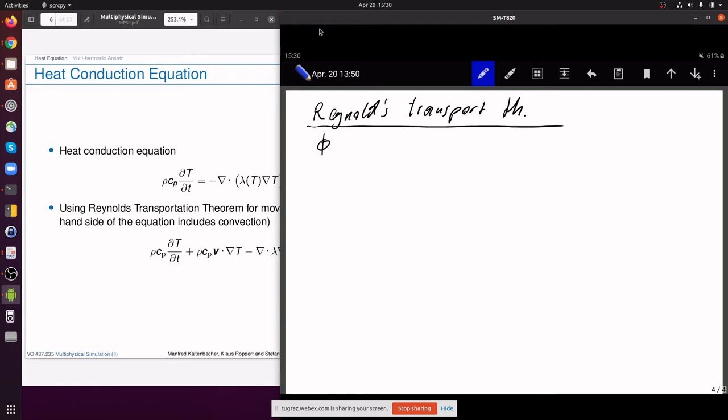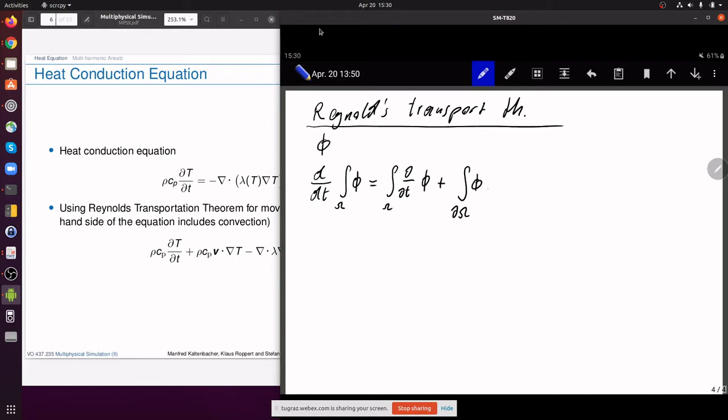Then we define the rate of change of this scalar variable in the whole computational domain as the integral over the time derivative of the local quantity plus what's being delivered inside or outside of the computational domain at the boundaries.